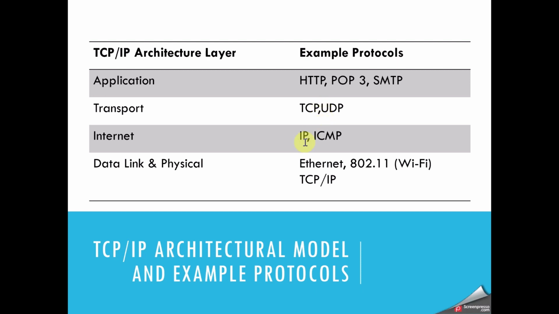In the internet layer, again, we have 2 different protocols, IP and ICMP. ICMP is called Internet Control Message Protocol. ICMP is used to send and receive ping packets, right? Especially it's to send and receive messages, so when you send the messages, we can say whether the end device is available or not. So we can use ICMP.